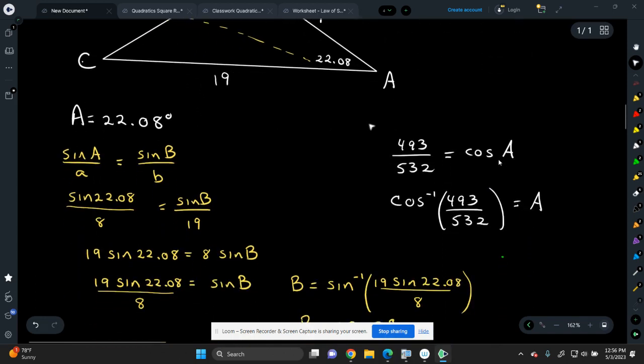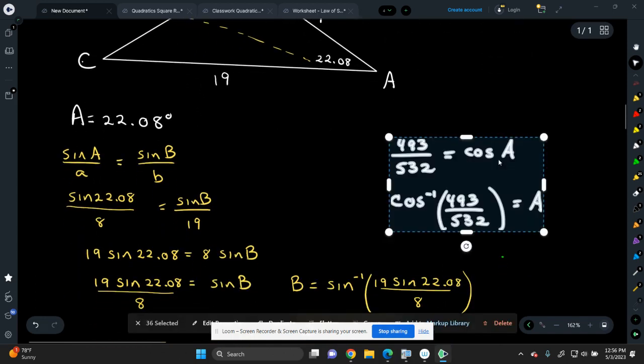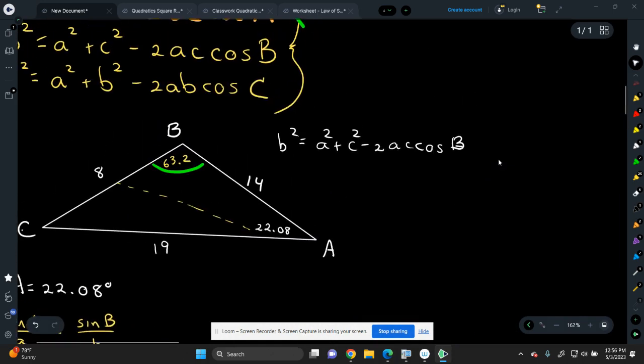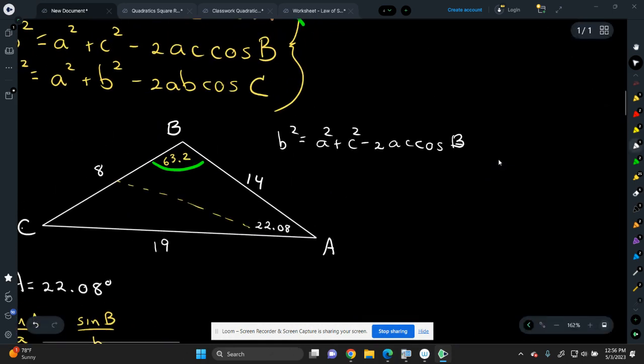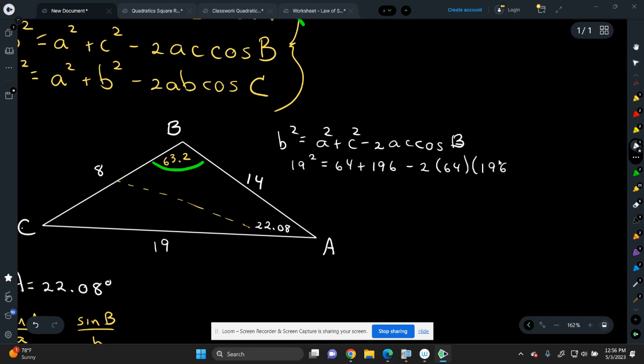Okay, let's try it. We're going to try and find angle B, right? So we'd be looking at 19 squared equals 64 plus 14 squared, which is 196, minus 2 times 8 times 14 times the cosine of B.